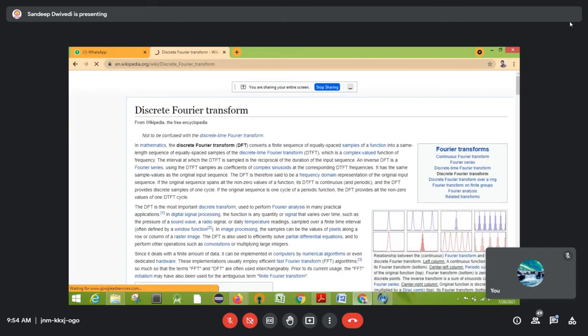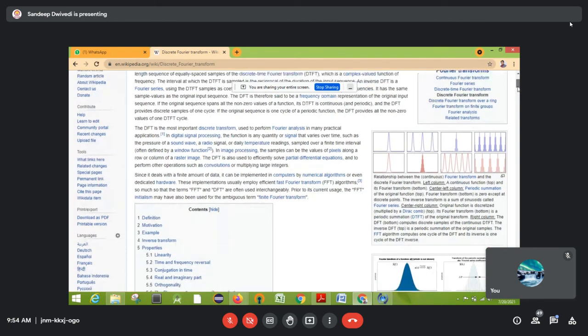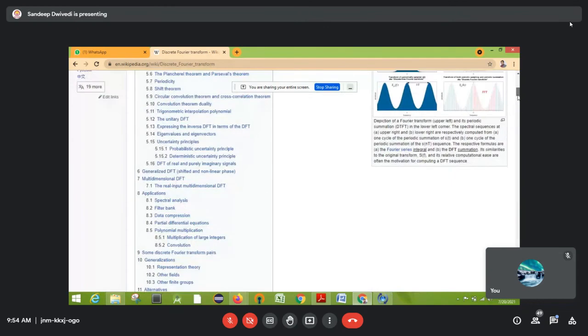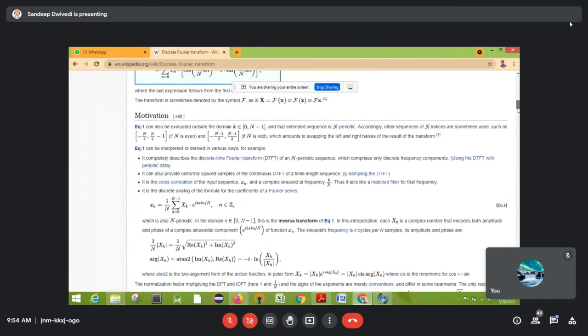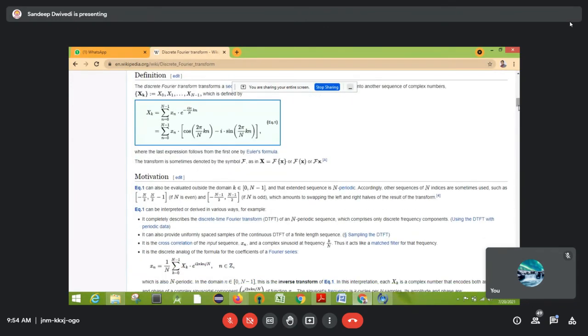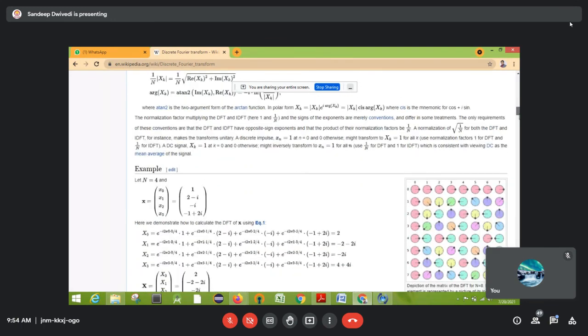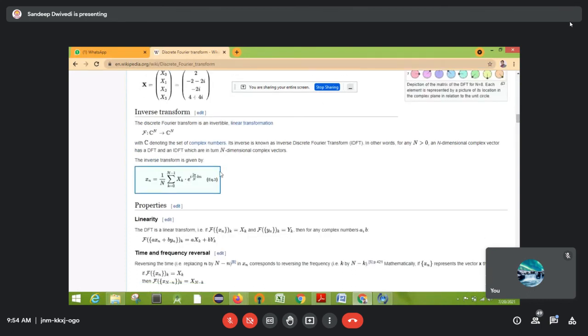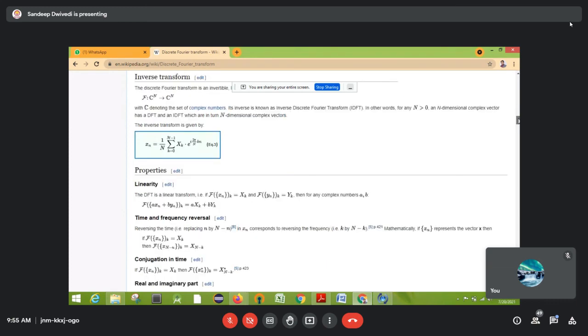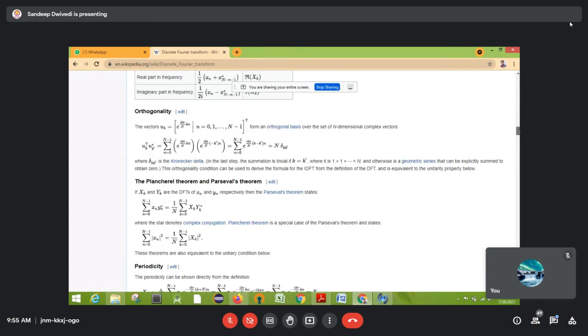From here I will give you the 8-point DFT, because in those notes the 8-point DFT is not there. So see here, we will directly go to the matrix form. This is a formula for the inverse. These are the properties.